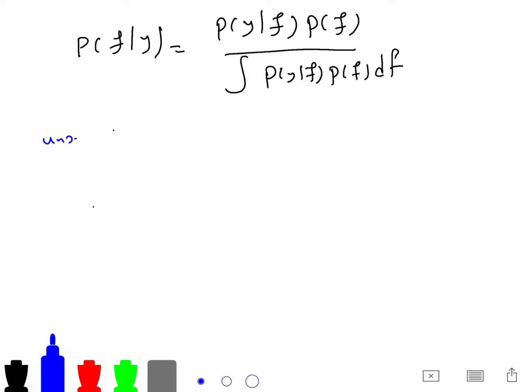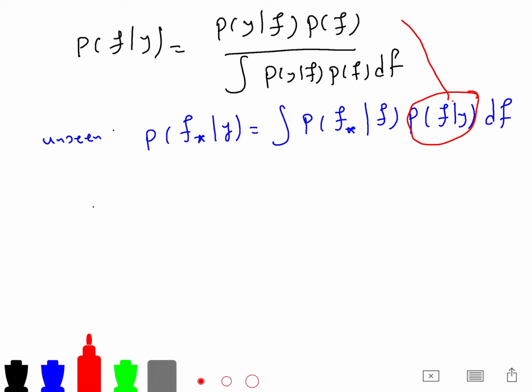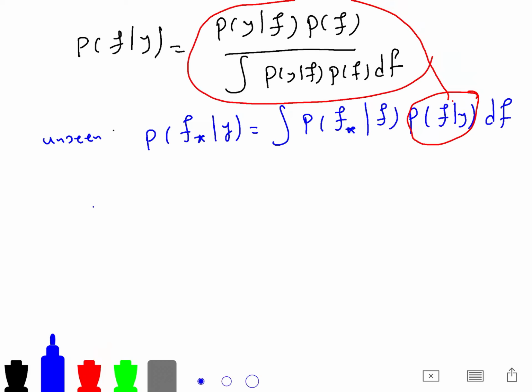For unseen inputs, the probability of f star conditioned on y is equal to the integral of the conditional GP prior, P of f star conditioned on f, times the posterior over functions that I said, P of f conditioned on y, df.